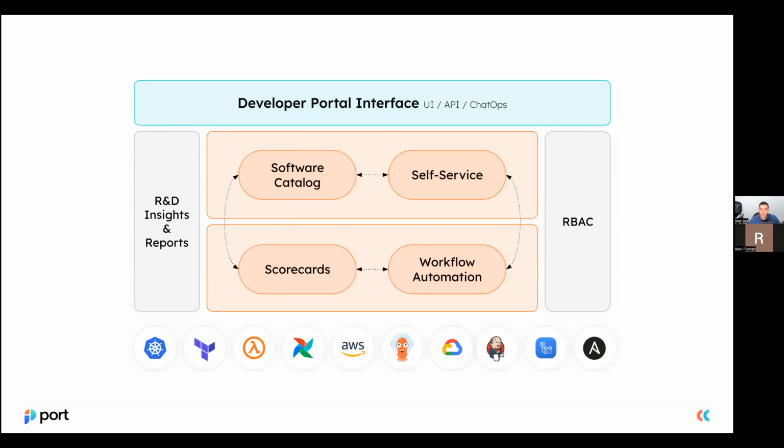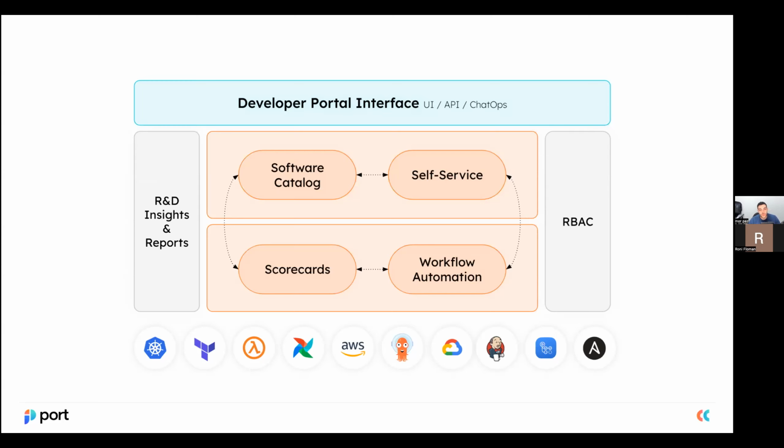And it's really meant to give you that bird's eye view that you can drill into to get the basic understanding of how your software looks, and also get all of the information in one place without having to search around too much. The second pillar is the self-service pillar.